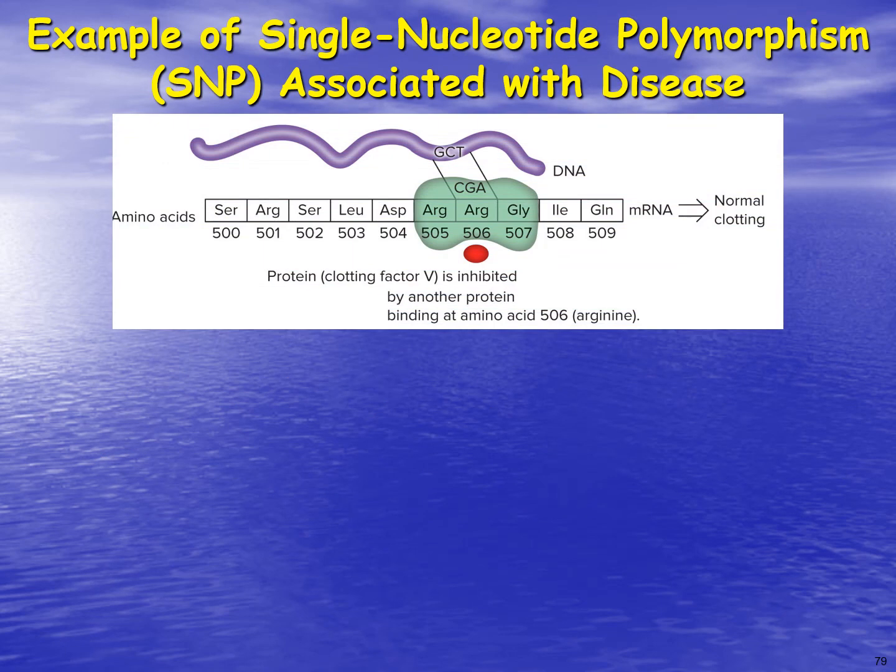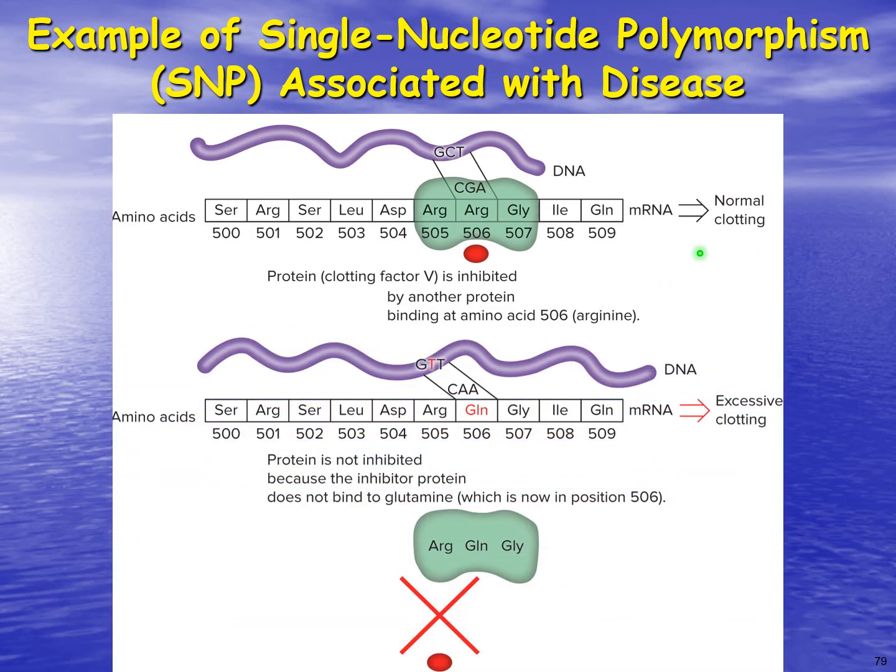So, for example, in our amino acid sequence here at position 506, if we have arginine at this point, we have a clotting factor 5 protein that is inhibited by another protein binding at amino acid 506 of arginine, and we then get normal clotting.